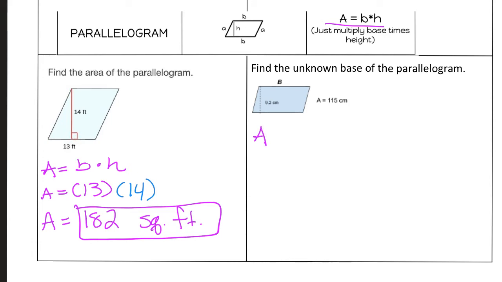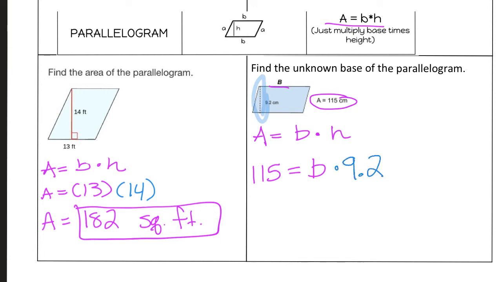So the area of a parallelogram is the base times the height. It tells me that the area is 115, so I'm going to put that in for A. I want to know the base, so I'm going to leave that as my variable. And my height is 9.2.